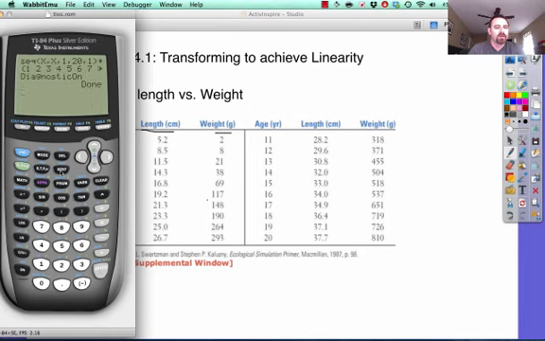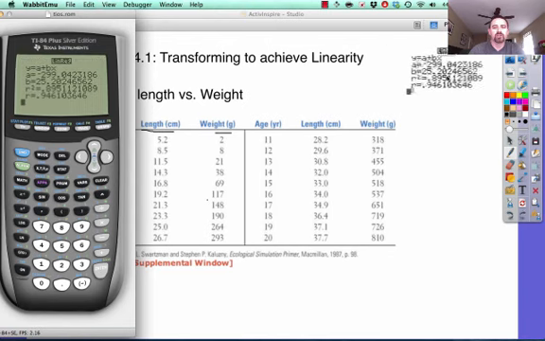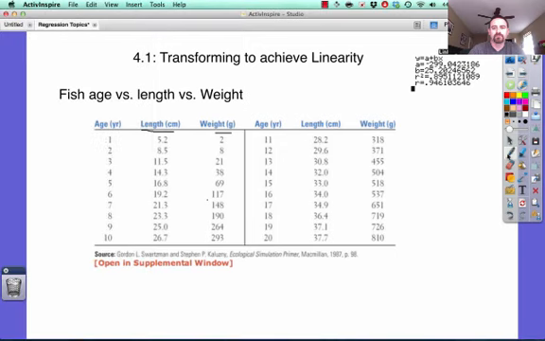Now I'm going to go to Stat, Calc, and do a linear regression of a plus bx. I'm using list 2, which is length, versus list 3. Let's leave everything else the same. Okay, there it is. Here's my least squares regression line of length versus weight.